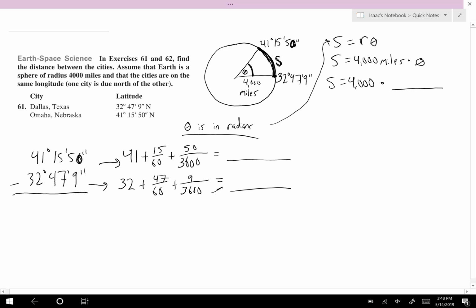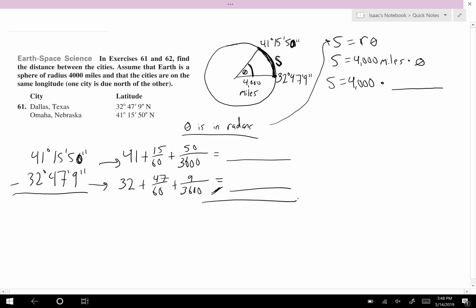So, in the end, I really want to subtract these, and that will tell me the angle between those two cities, at least in radians. So, in my calculator, 41 plus 15/60ths plus 50/3600ths.